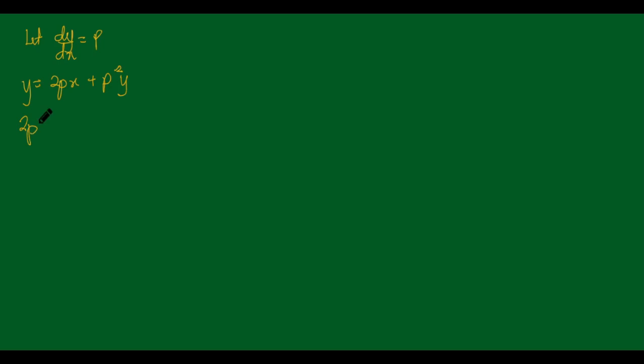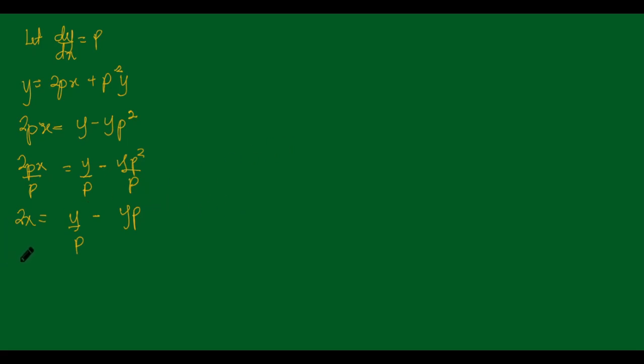So 2px now becomes y minus yp squared. Now let's divide through by p. We have 2px divided by p is equal to y divided by p minus yp squared divided by p. So we have 2x is equal to y divided by p minus yp.